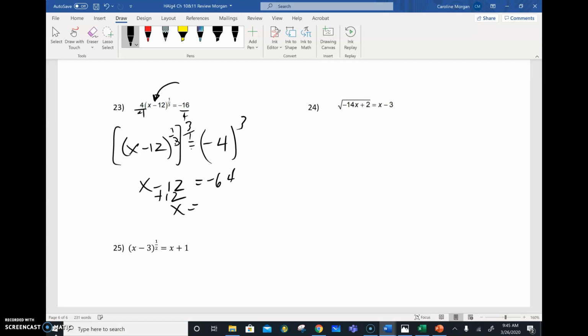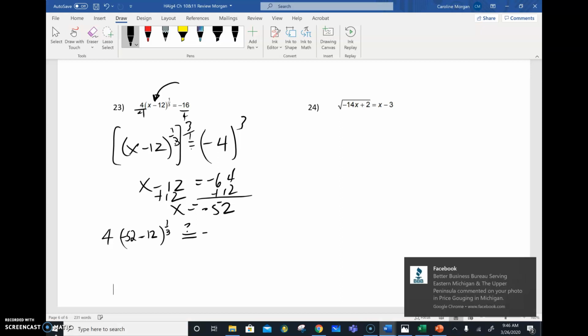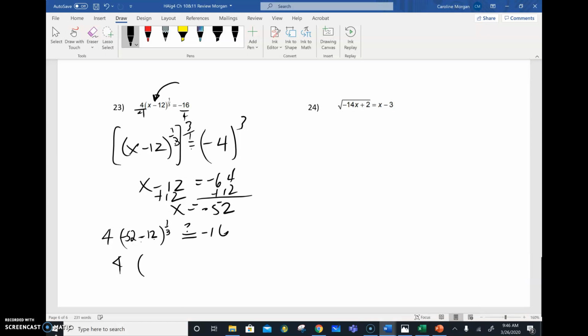Let's add 12. All right, so that's going to be -52. So now let's check our answer. 4 times (-52 minus 12) to the 1/3.